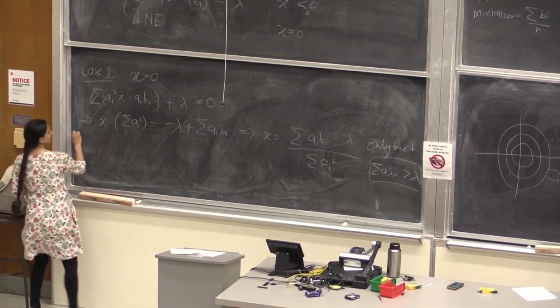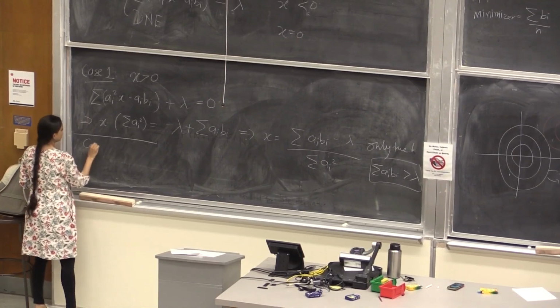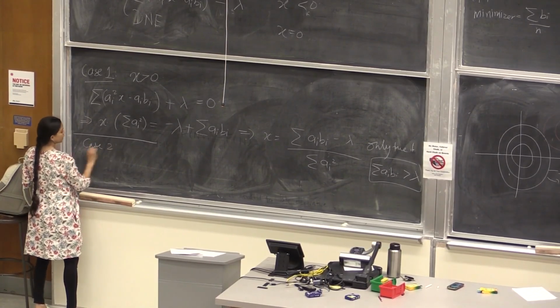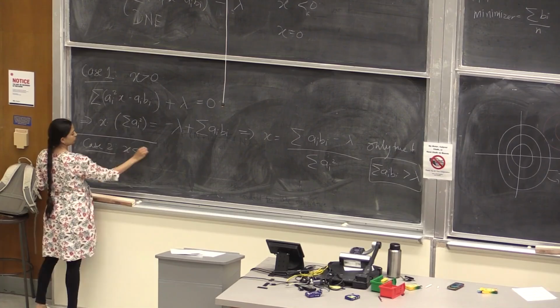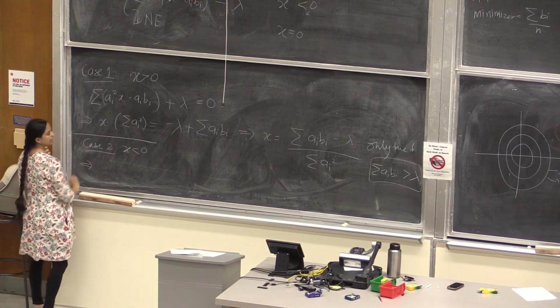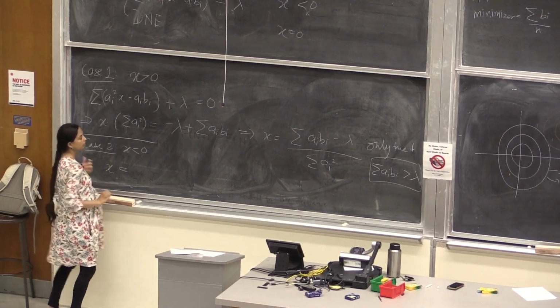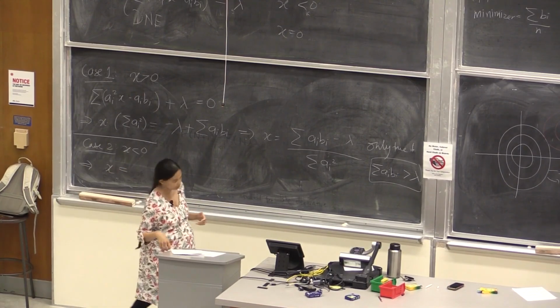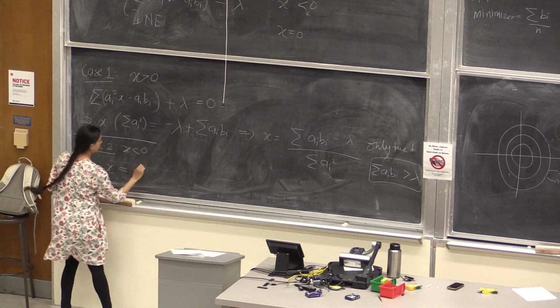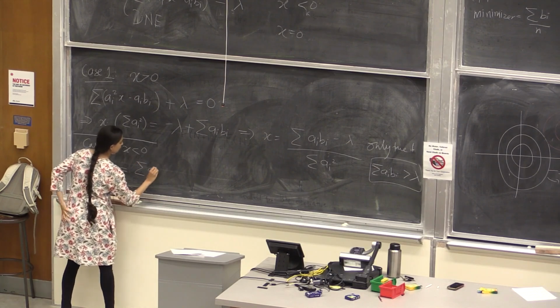Similarly, I can do the same thing. I can check if my x was less than 0. Then I can do the exact same algebra, and I would get x is equal to, I'll just look this up to avoid wasting time on the same kind of algebra.